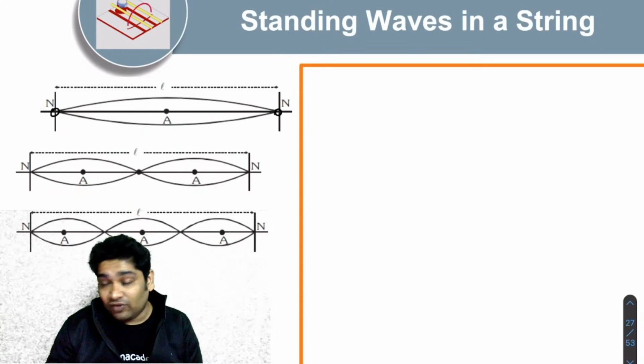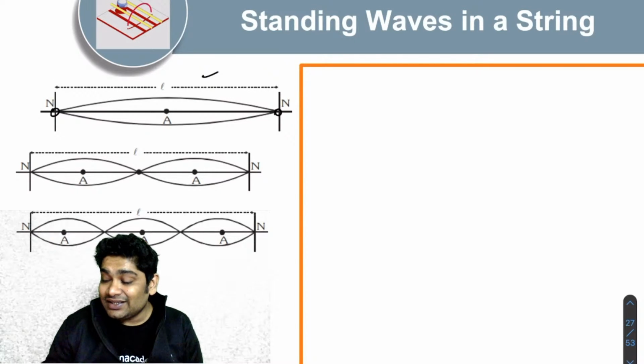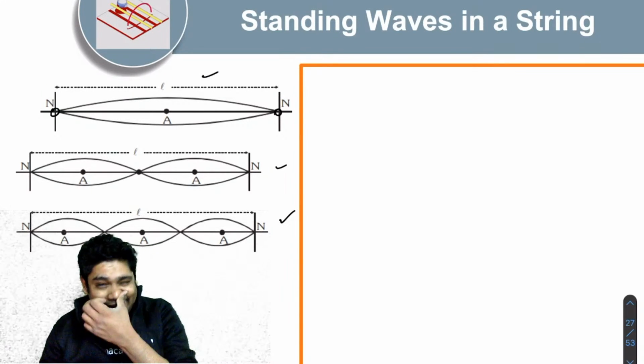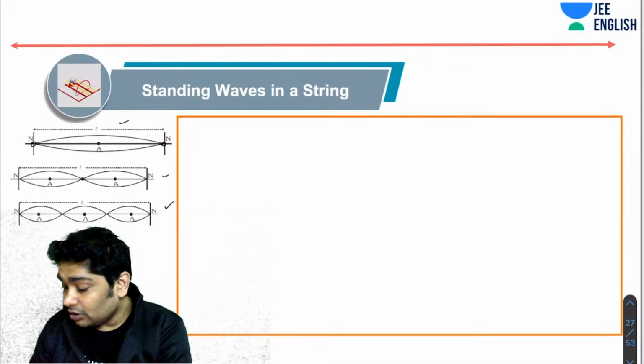Then the first mode of vibration that is possible is this. The second mode of vibration that is possible is this. The third mode of vibration that is possible is this, and so on.